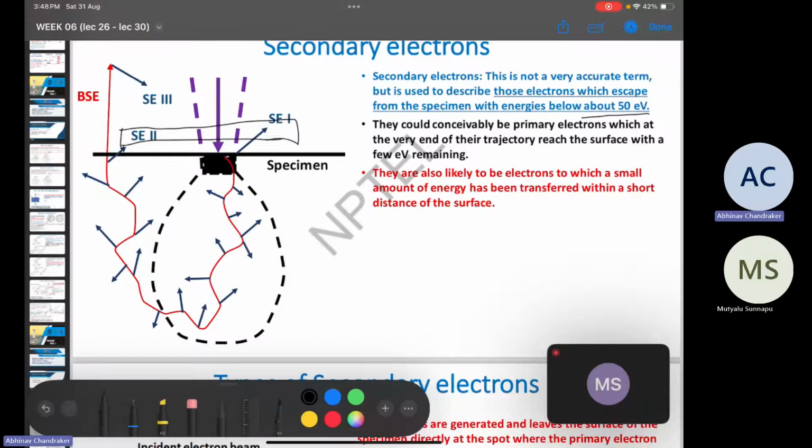They could either be coming due to interactions of the primary electron beam with the specimen or due to interactions of the BSE electrons which are coming from different angles from within the specimen.